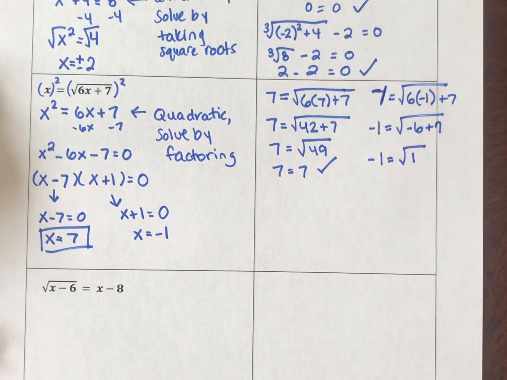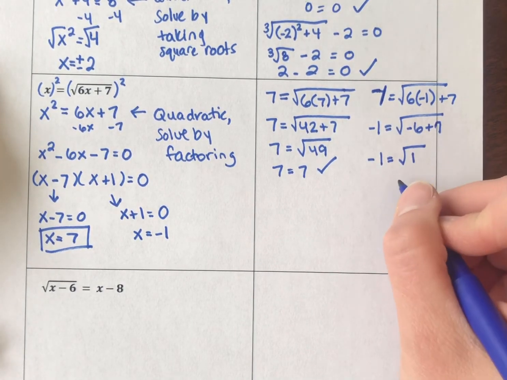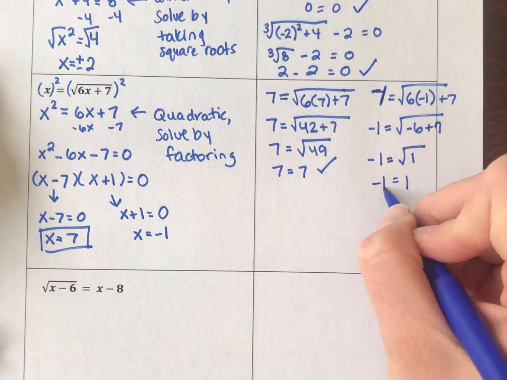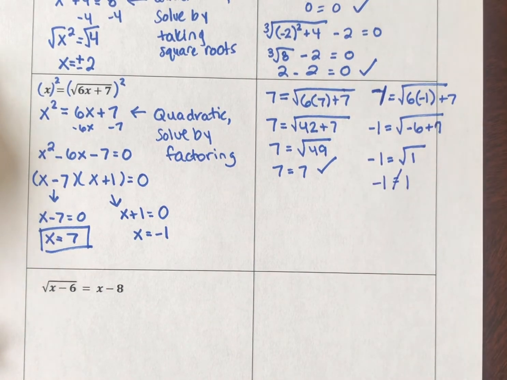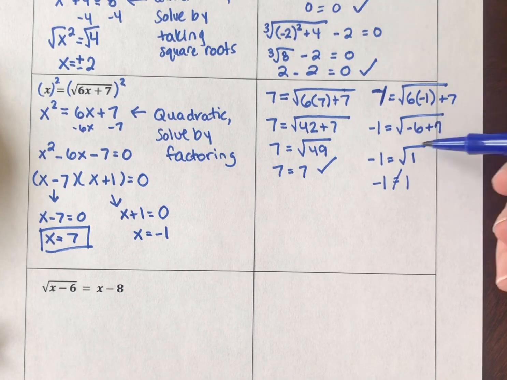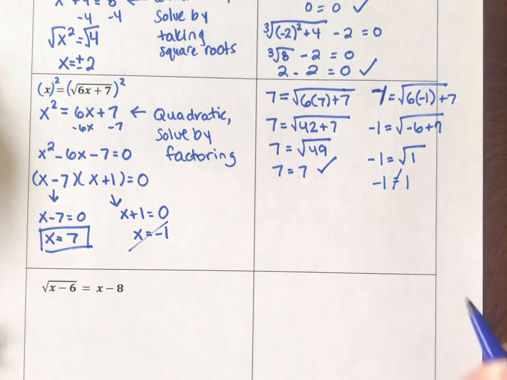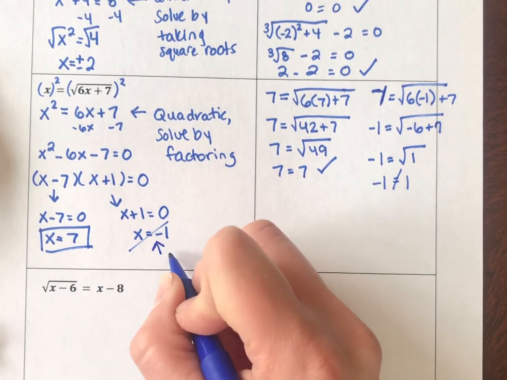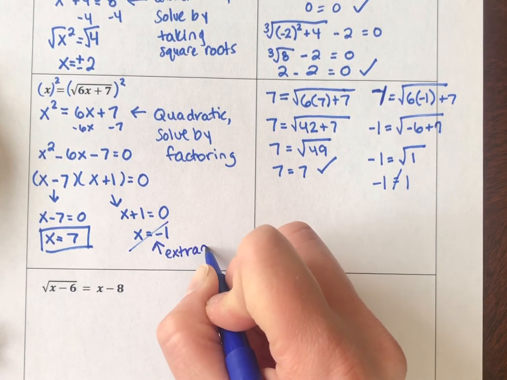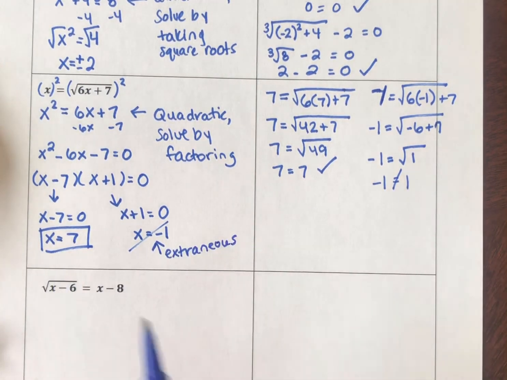So does negative 1 equal the square root of 1? Well, the square root of 1 is 1. Negative 1 does not equal 1. And again, right here I got to a point where I was saying the square root of some number was going to come out as a negative. That can't happen. So negative 1 is not a solution. That's one of those extraneous solutions. So 7 here is our only answer.